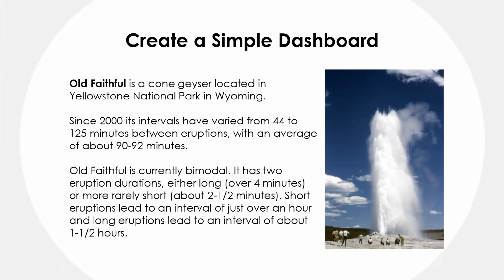But it's bimodal, so it has 2 eruption durations. The duration is long or short, and short eruptions lead to an interval of just over an hour, and long eruptions lead to an interval of about 1.5 hours.